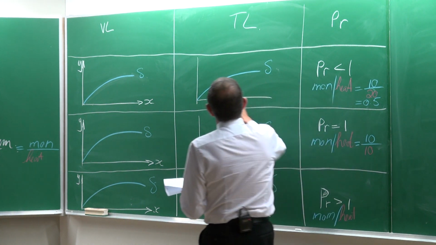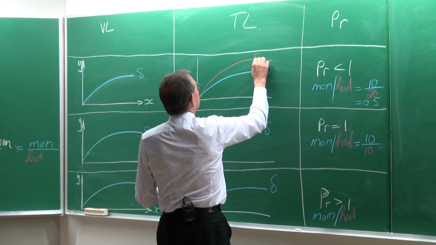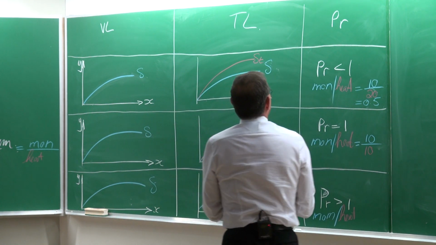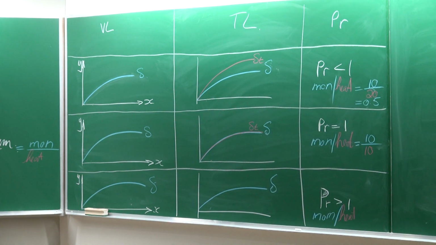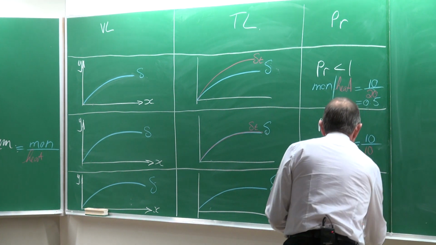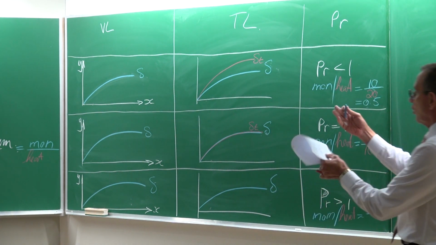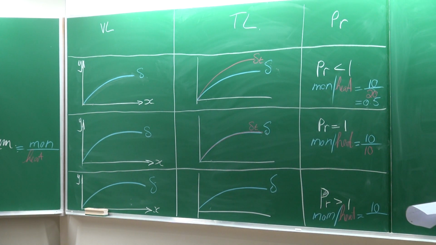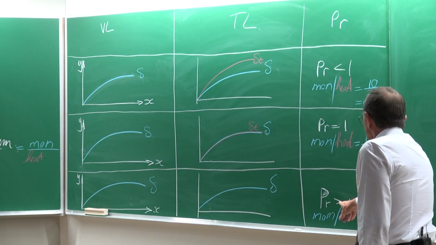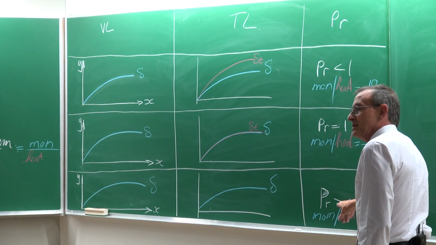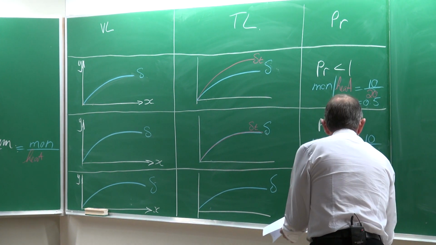So for that case, the thermal boundary layer would be larger. And for the case of the momentum, again, we've chosen the momentum diffusion as an arbitrary value of 10. Then, for the Prandtl number to be larger than 1, this value must be smaller.